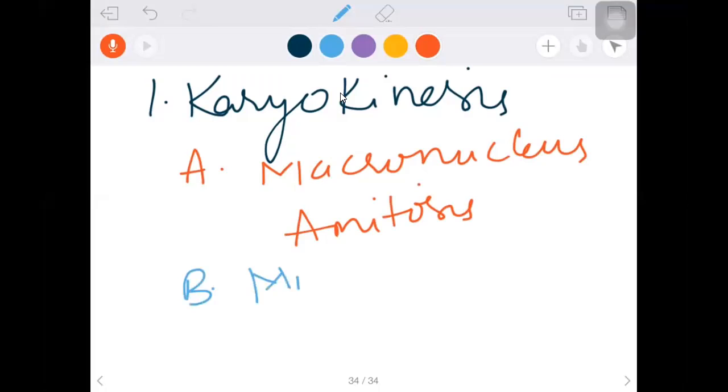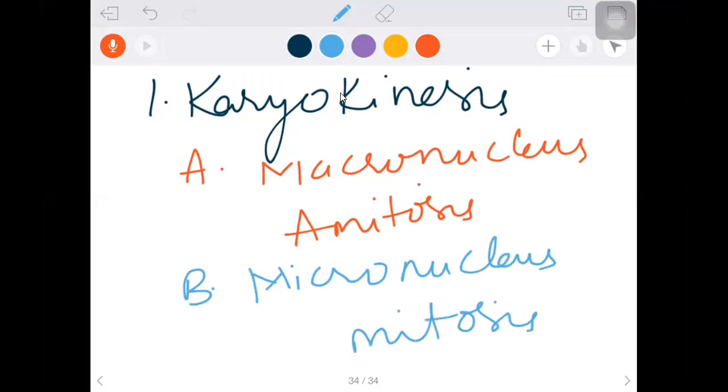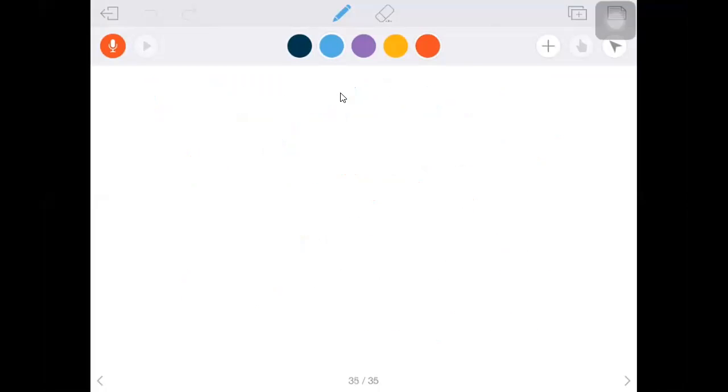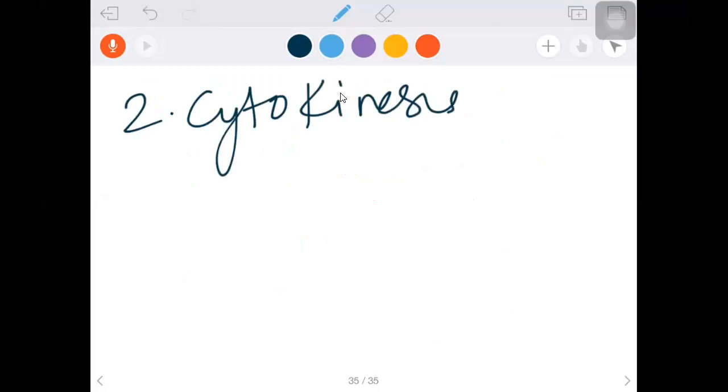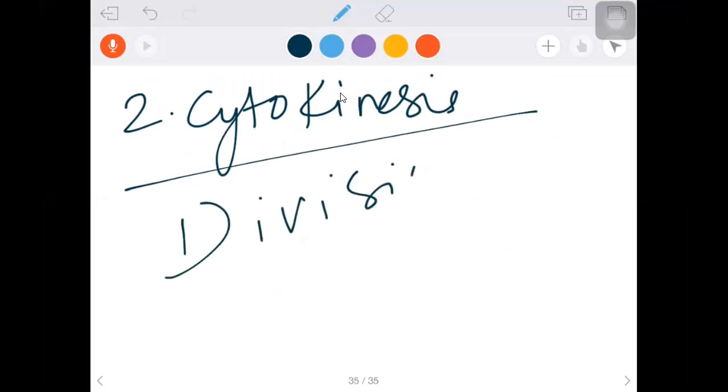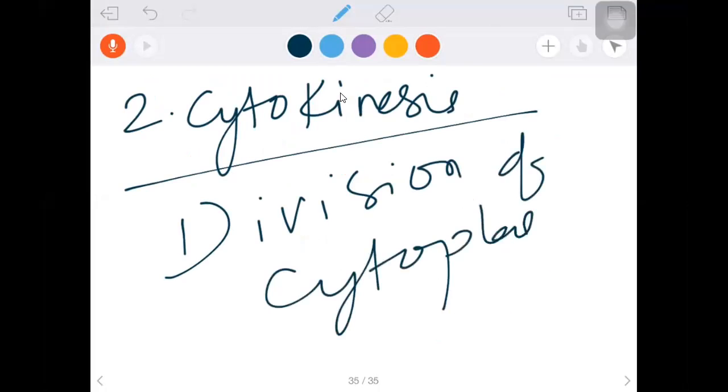Micronucleus undergoes mitosis. So this is called karyokinesis. Next, the second one is cytokinesis. What is cytokinesis? Division of cytoplasm is called cytokinesis.